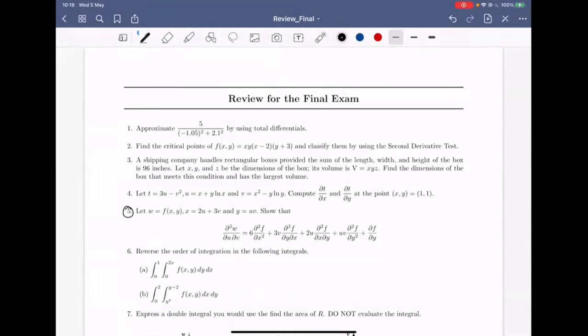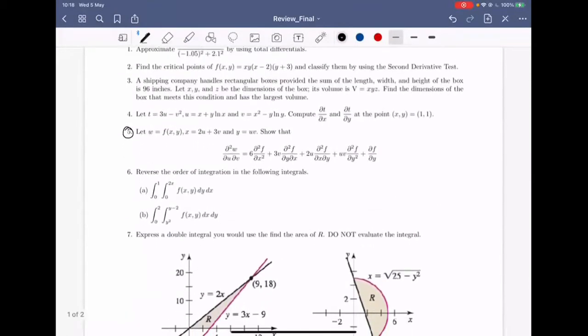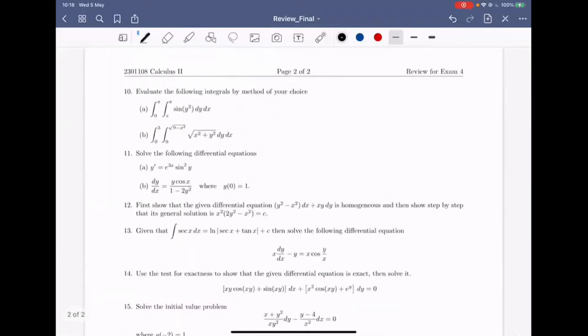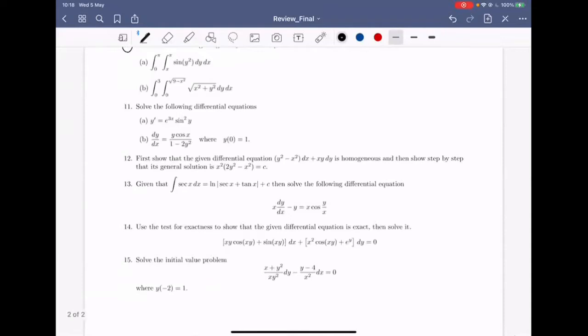Integration chapter, questions 6 to 10, 1 vote here. Maybe I'm going to pick one for you, maybe question 10. Differential equation, questions 11 to 15, anyone? Maybe 15, just pick the last one. Integration, differential equation, higher chain rule. Whoa, it seems like the votes are equally likely.